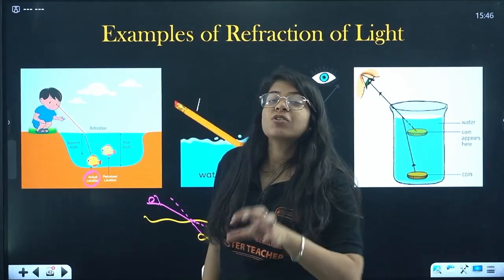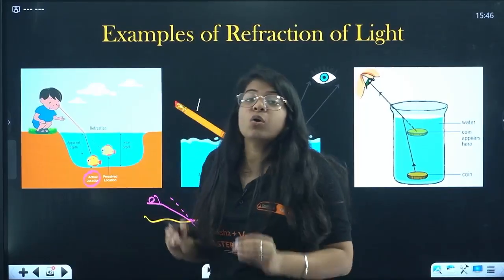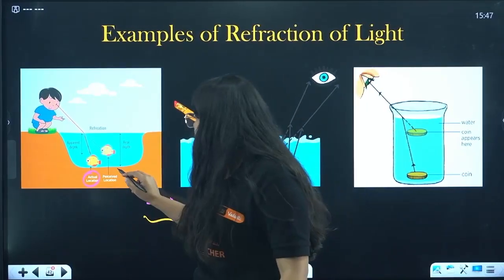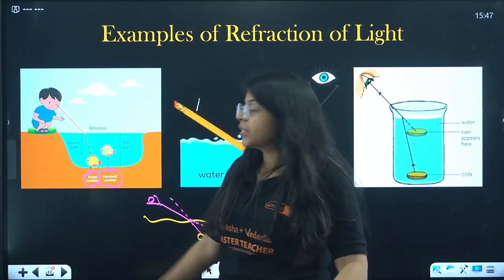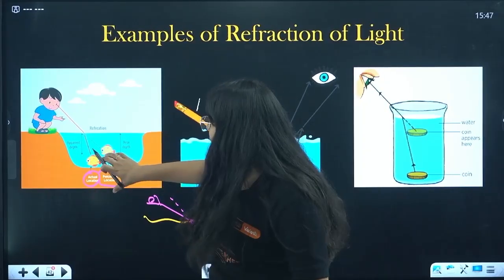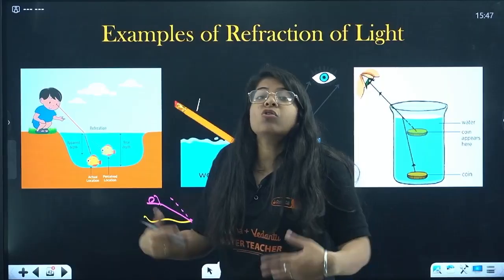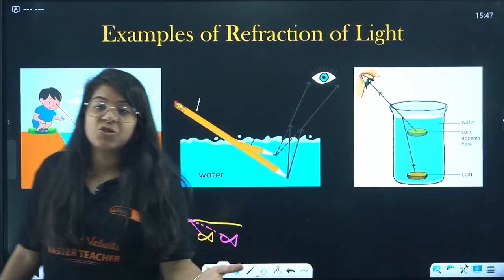The actual position of the fish is called the actual position, but the position where it looks like the fish is, is called the perceived or apparent location. The apparent location is where it looks like the fish might be because of the refraction.